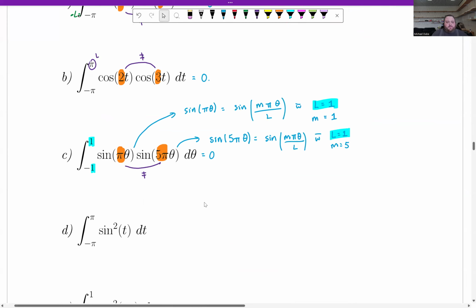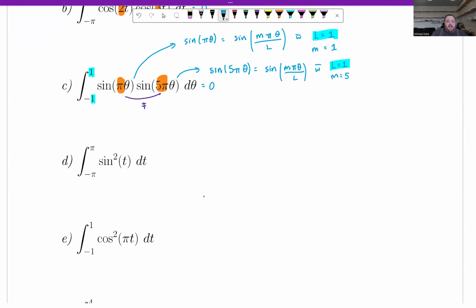Okay, good. Next we have sine squared of t dt. In this case, we could rewrite this as sine t times sine t, okay? And both of these, the coefficients are the same. And L would equal pi, right?